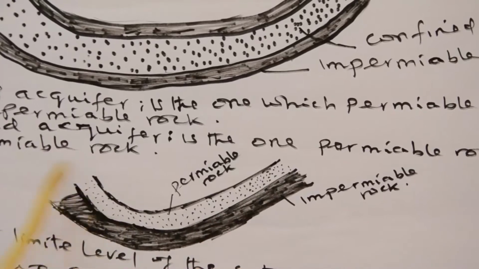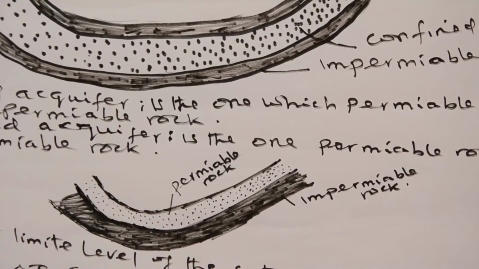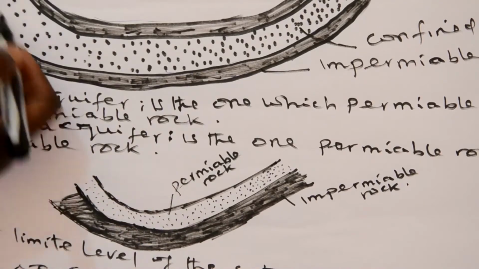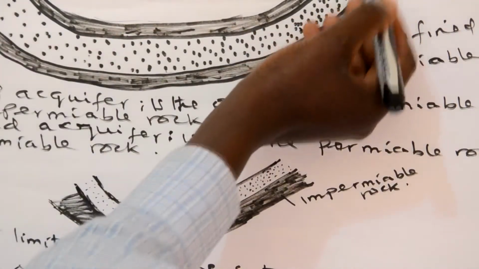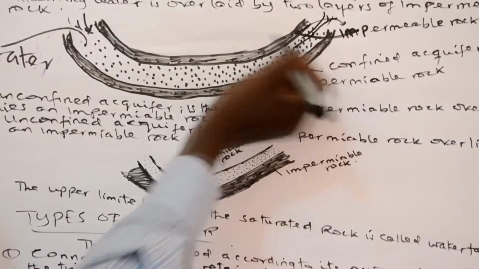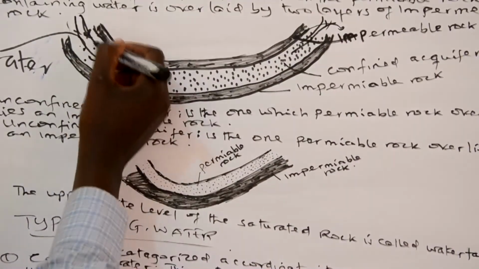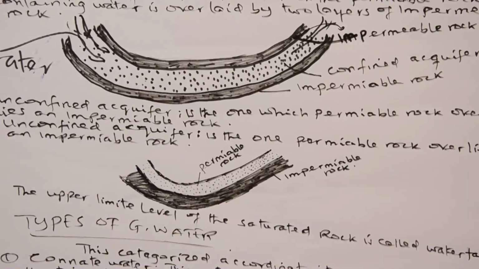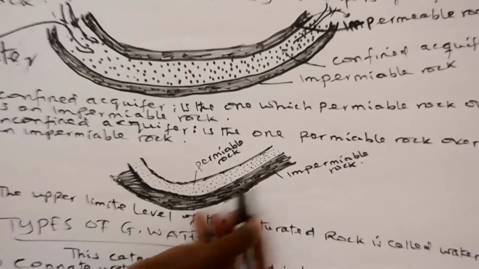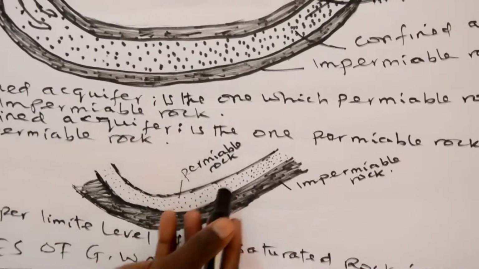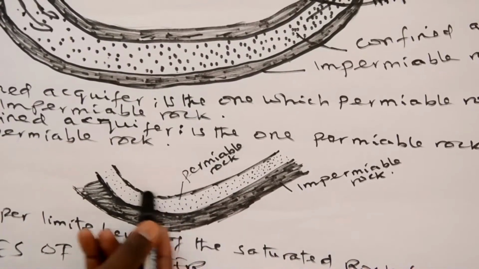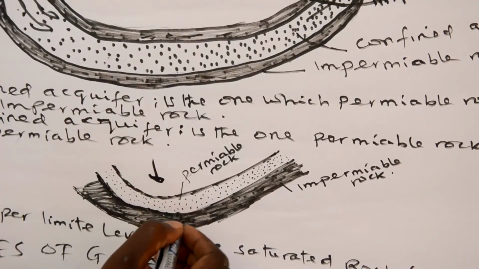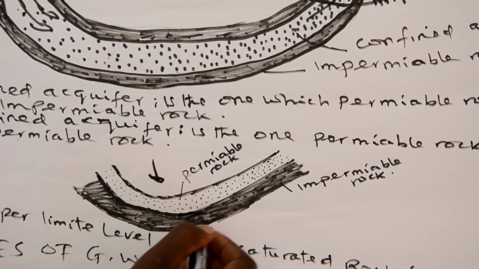Therefore water can sink vertically, not like the confined case where water passes through the sides. Water percolates vertically through the permeable layer above and reaches the layer where there is no percolation.